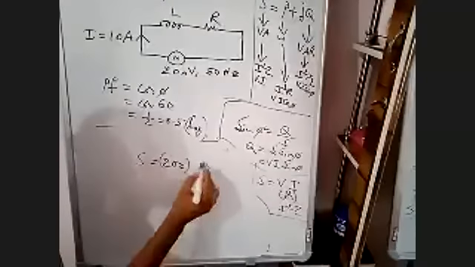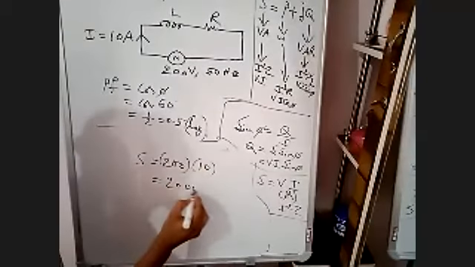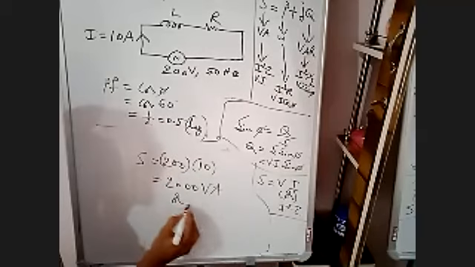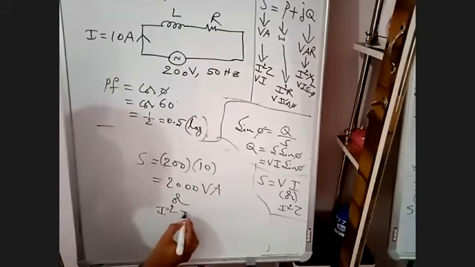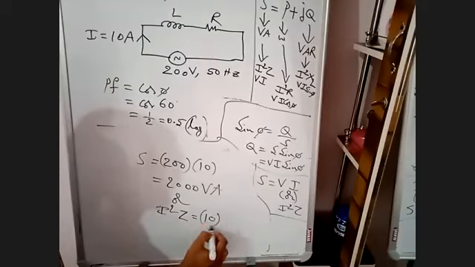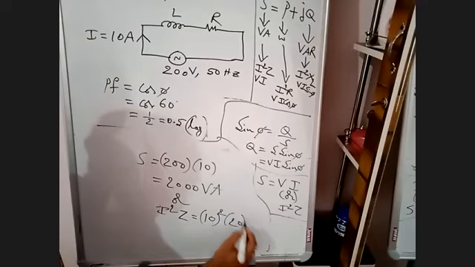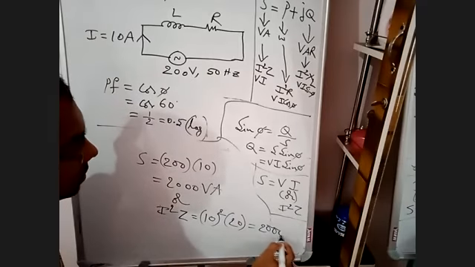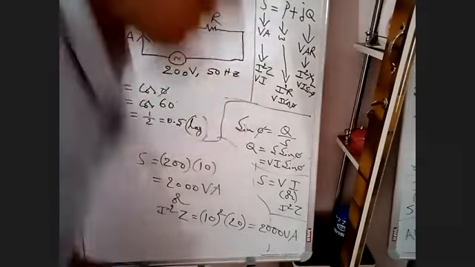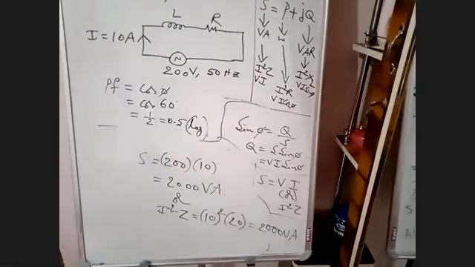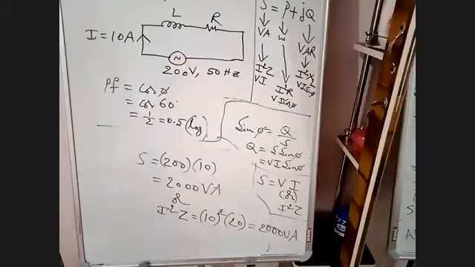Two thousand. Unit for S is VA, volt ampere. We can use any formula. So that's all about the problem.